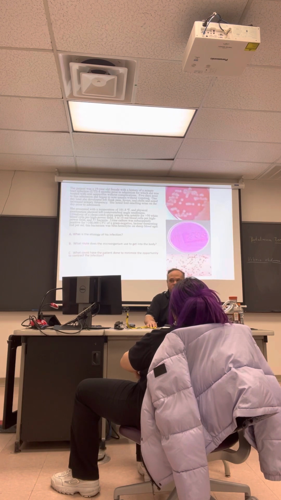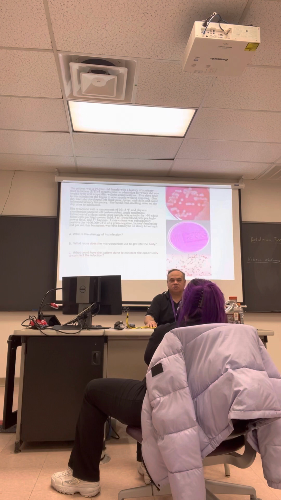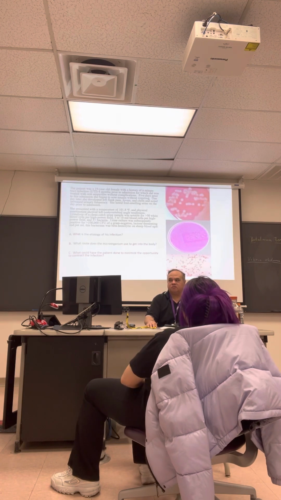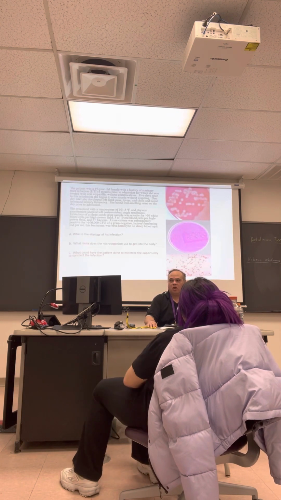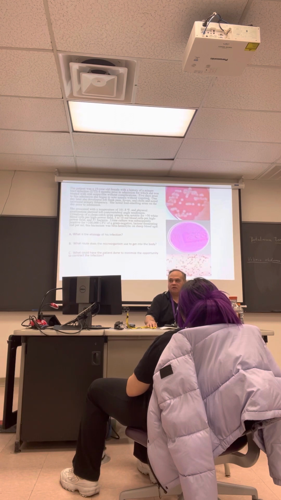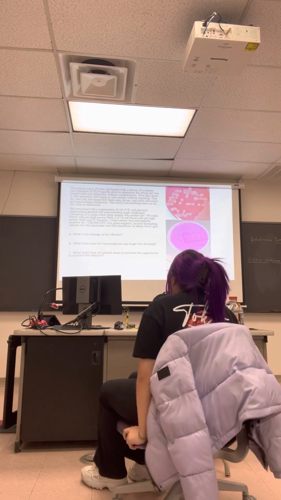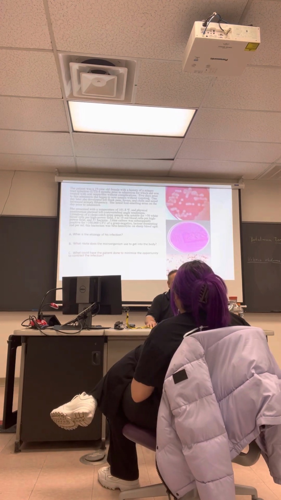Let's read this. The patient was a 19-year-old female with a history of urinary tract infections, UTI, 4 months prior to admission, for which she was treated with oral ampicillin without complications. 5 days prior to this admission, she began to note nausea without vomiting. 1 day later, she developed left flank pain, fevers, chills, and noted urinary frequency. She noted foul-smelling urine on the day prior to admission.